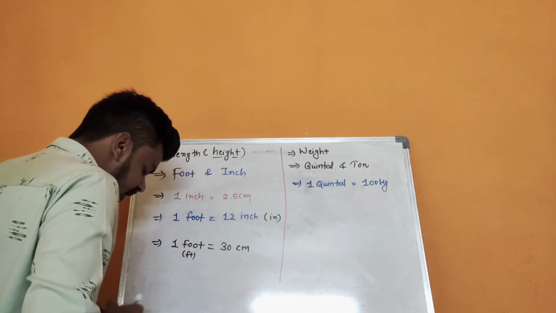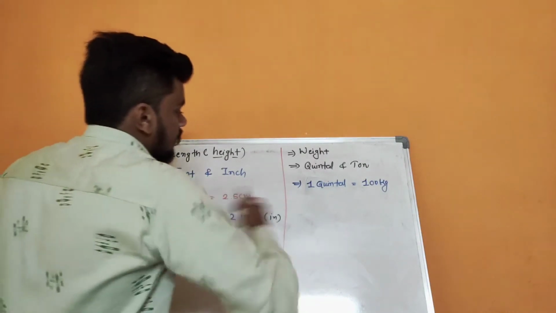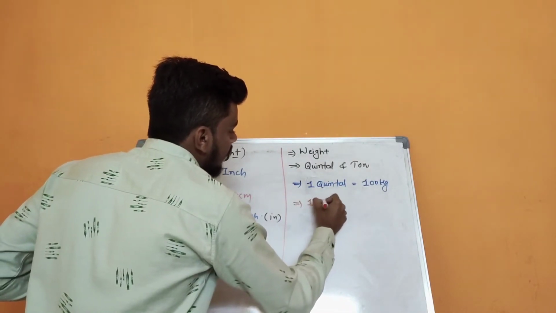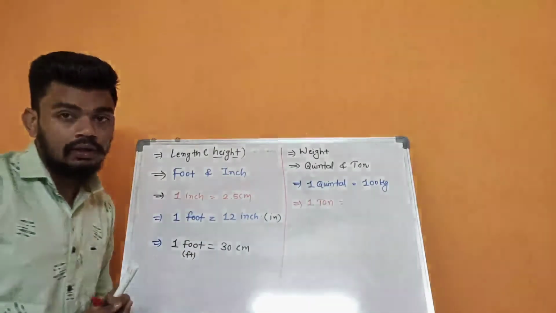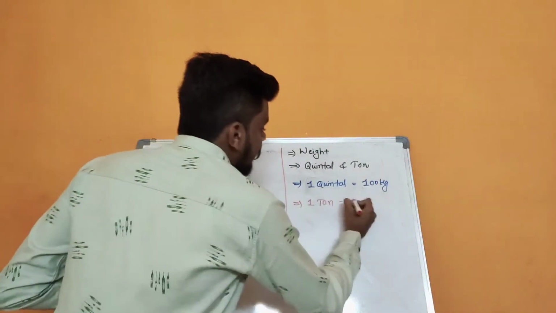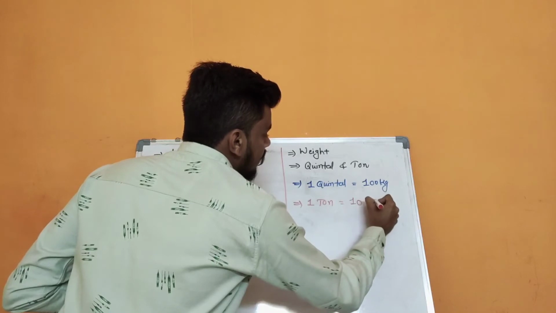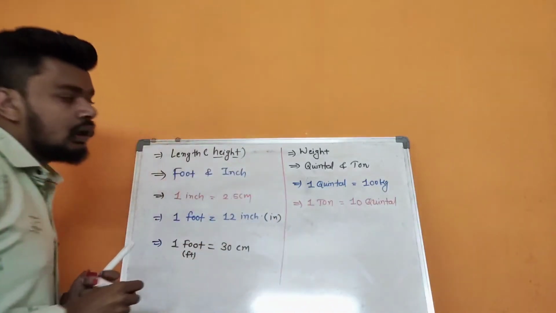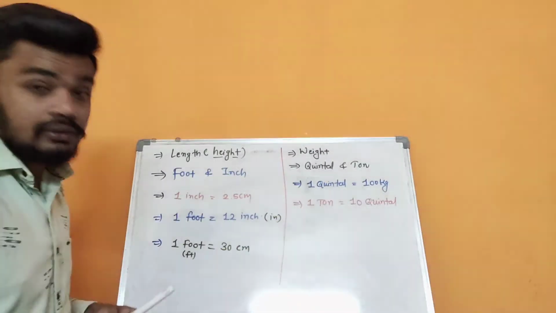Okay, let's see another unit. So ton. We can express the ton in terms of quintal. 1 ton is equal to 10 quintal.